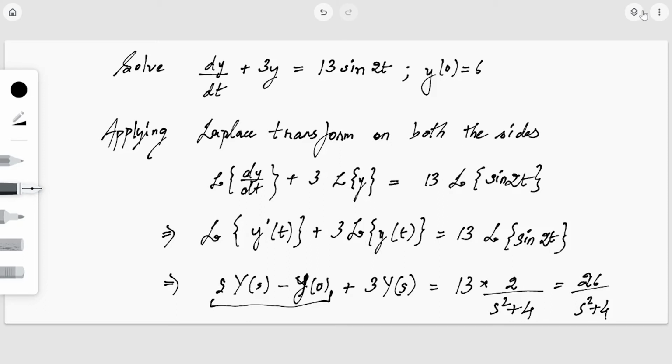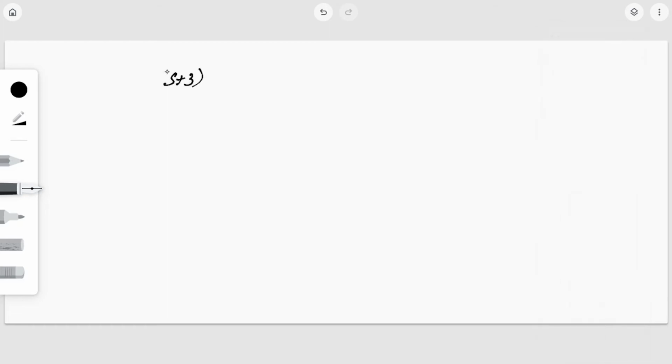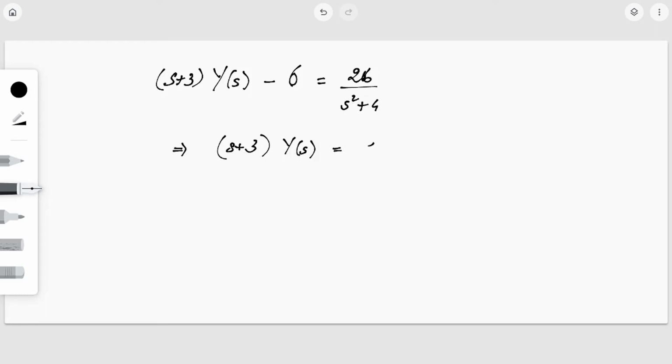Okay, so we will get an equation in terms of Y of s, right? So we get s plus 3, combining the terms of capital Y of s, into Y of s, minus y of 0, which was given to us to be 6, right? This is equal to 26 by s square plus 4. So this implies s plus 3 into Y of s is equal to 26 by s square plus 4 plus 6.